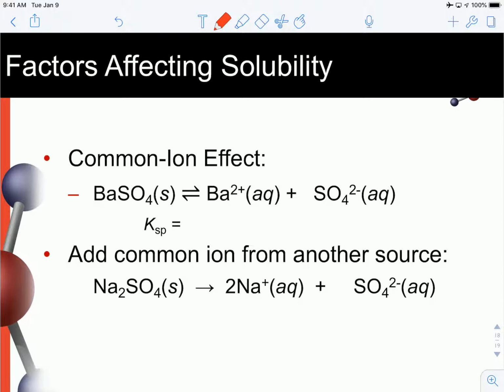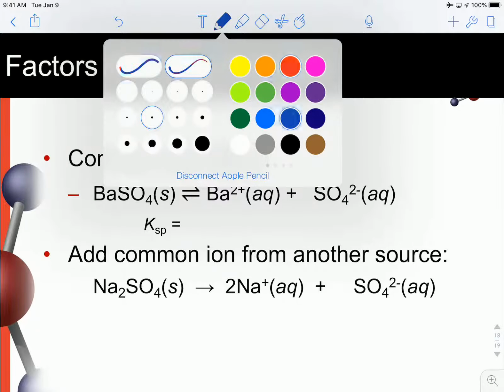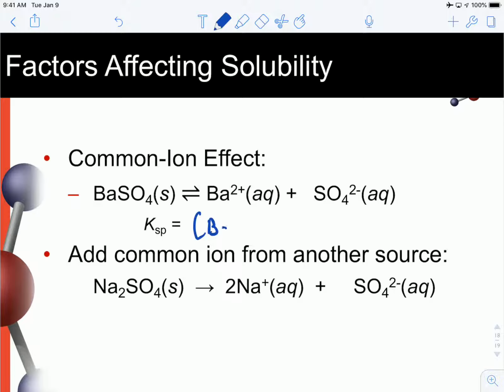Lastly, you have factors affecting solubility, and effectively this really is just Le Chatelier's principle again. Here we have a Ksp for this particular reaction, which would just be barium ions times sulfate ions, right?